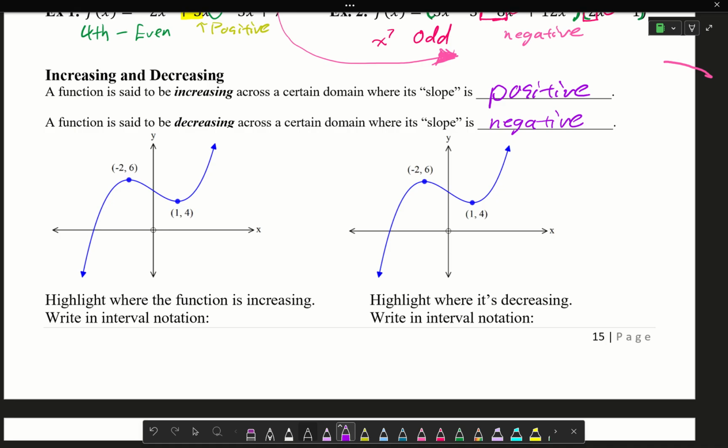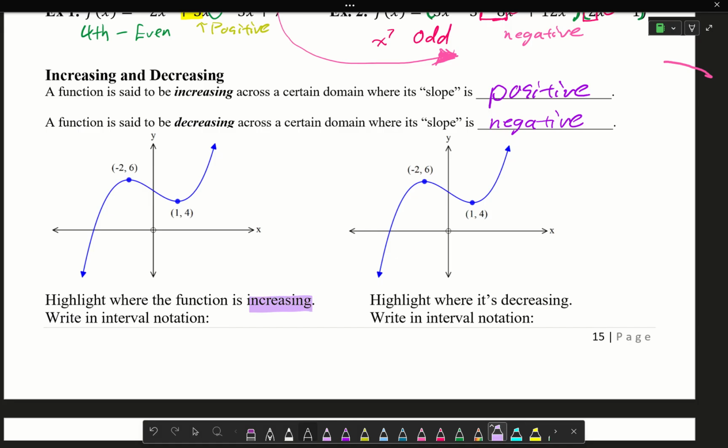All right, so here, what we're going to do is just identify the sections on these graphs. You can tell it's the same graph, where we have a positive and where we have a negative slope. And that'll tell us where we are increasing and decreasing.